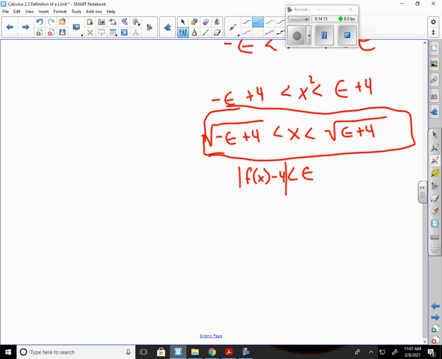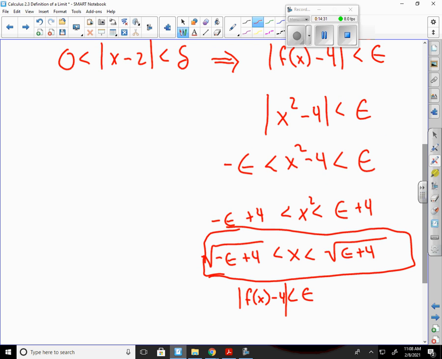In this case, we don't know what it is. And that would be based on what we find our epsilon to be in order to make it true. So this is our final solution here, because we found what our x is, and now our delta here would depend on whichever one of these is smaller.